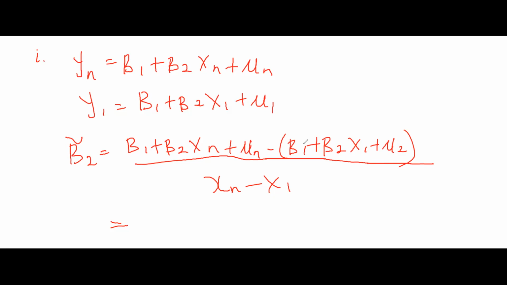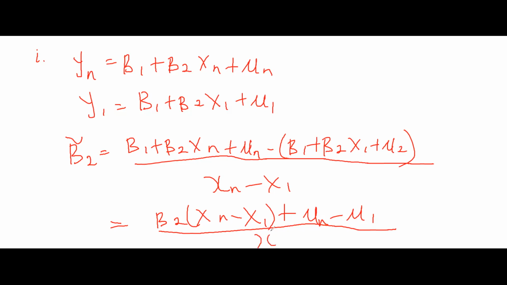From here, if you open the brackets, this b1 cancels this b1, and this b2 cancels this b2. Now if I factorize b2 out, we have b2 times (xn minus x1), plus (un minus u1), all over xn minus x1.